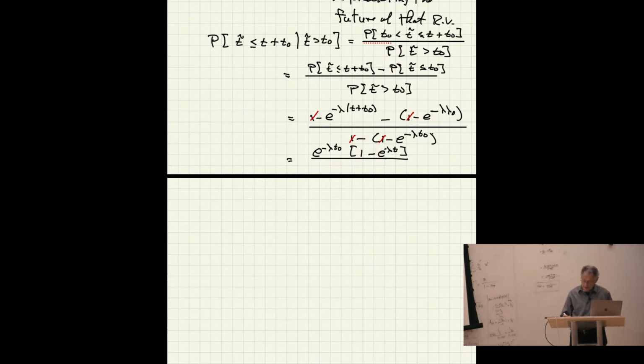And downstairs, I've got e to the minus lambda t0, which gives me what? Simply 1 minus e to the minus lambda t.